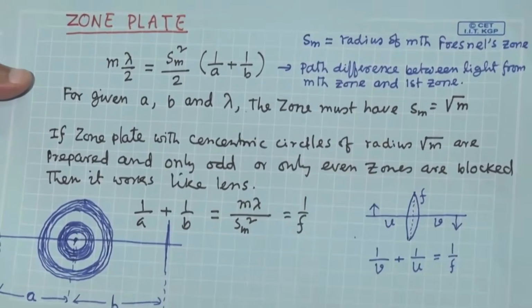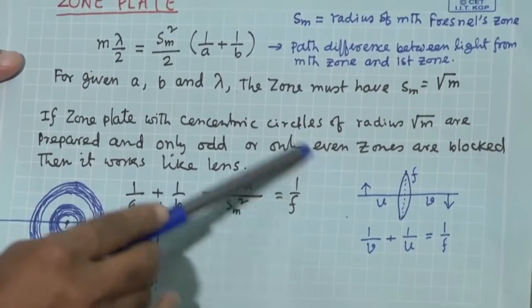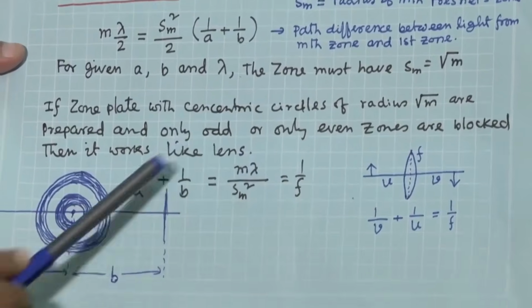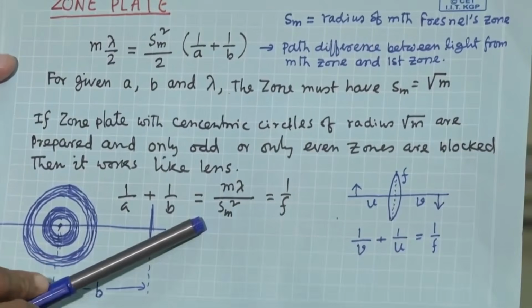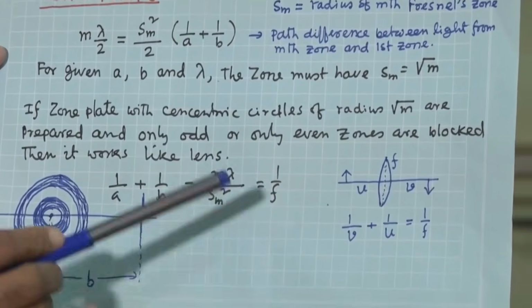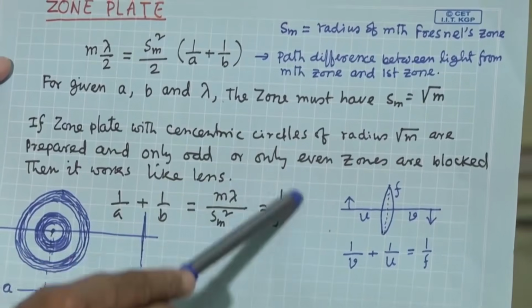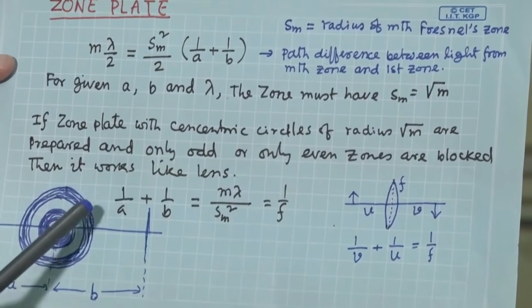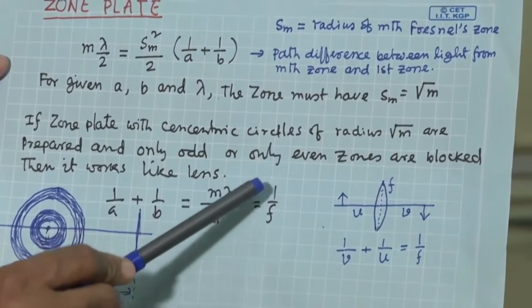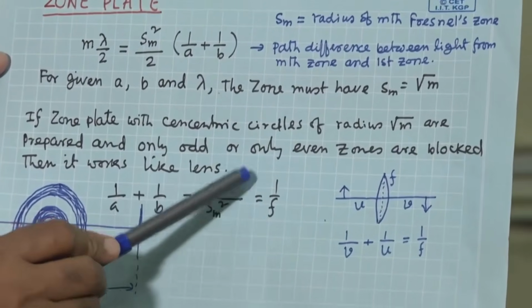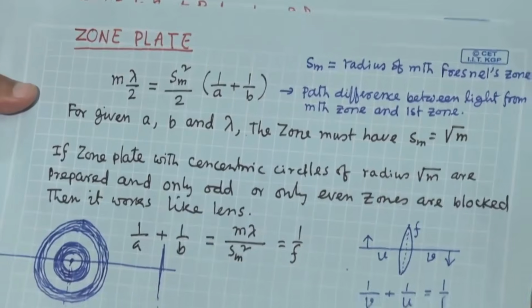This relation is for a convex lens. So we get a similar relation to a convex lens, where the important part is 1/v plus 1/u equals 1/f, where 1/f is m lambda by S_m squared.